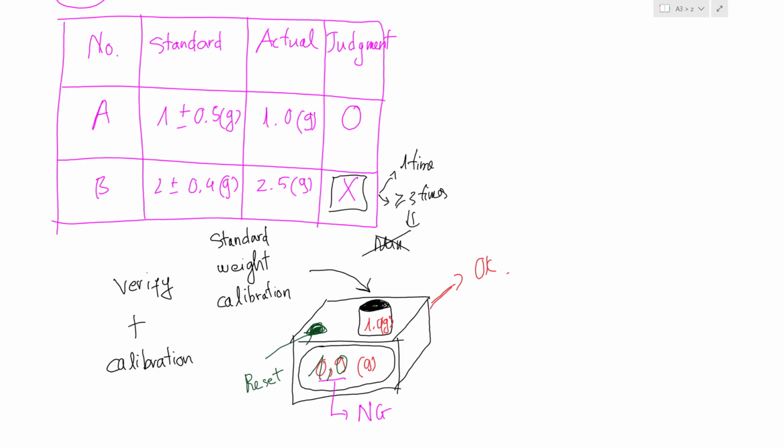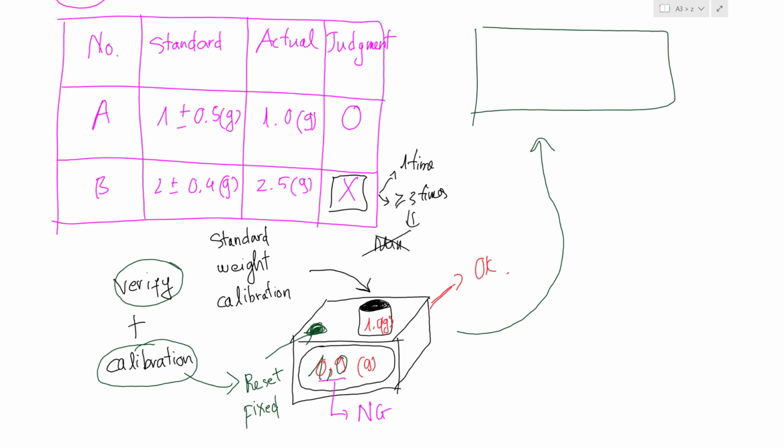It means that when you reset or fix the machine here, you have done the calibration. So all the activity of verification and calibration not only stays in your operator's mind, they also need to record it on the calibration check sheet.